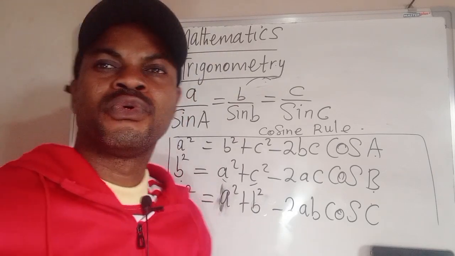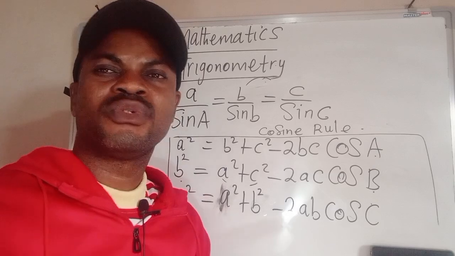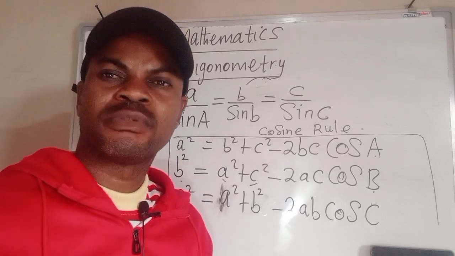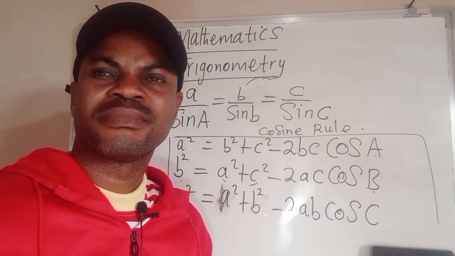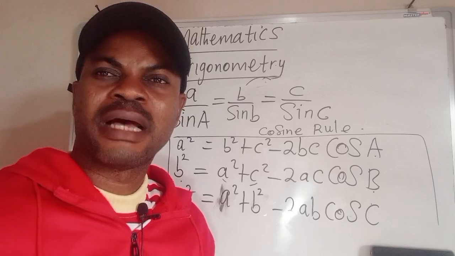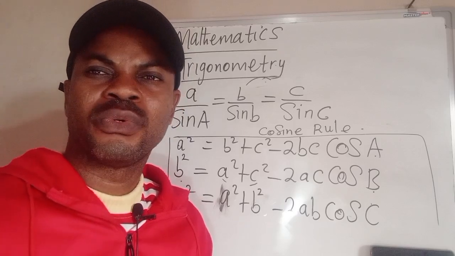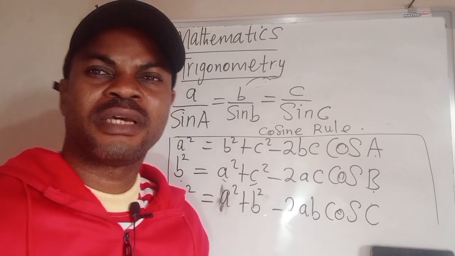When sine rule cannot resolve acute and obtuse triangle, another formula that comes to mind is the cosine rule. What is the cosine rule saying?